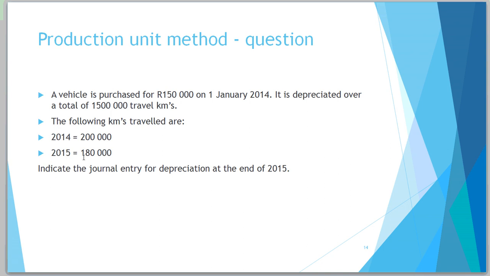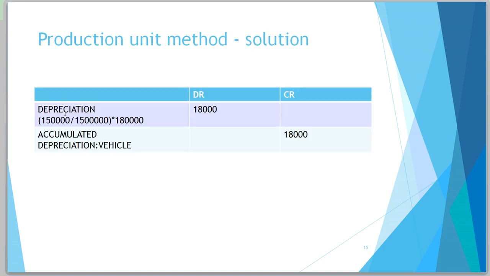Then you need to indicate the journal entry for depreciation at the end of 2015. Then you will say depreciation is 150,000 divided by 1.5 million kilometers. So there we have used the kilometers, we've divided by the kilometers, times 180,000 kilometers that were traveled. That gives us 18,000 Rand depreciation, and our double entry is debit depreciation, credit accumulated depreciation, vehicles.